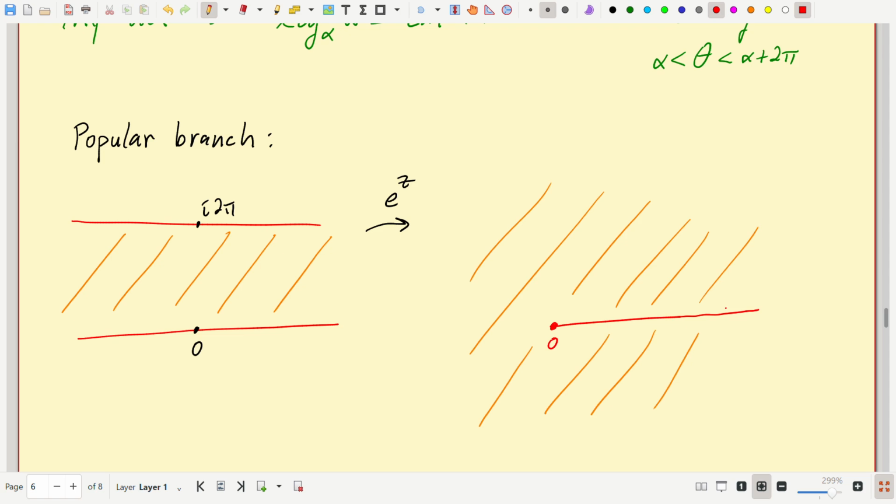And then this going the other way would be the branch I called log 0 of w, where the angle would go from 0 to 2 pi. That's 1-to-1 onto.